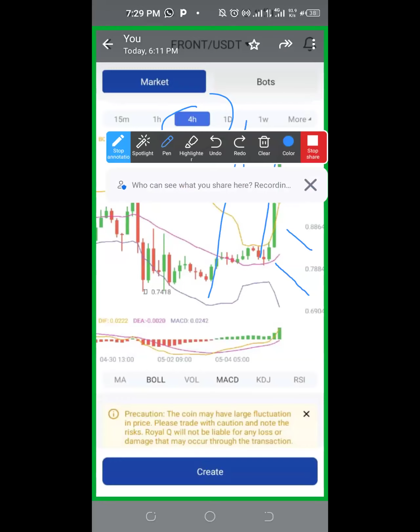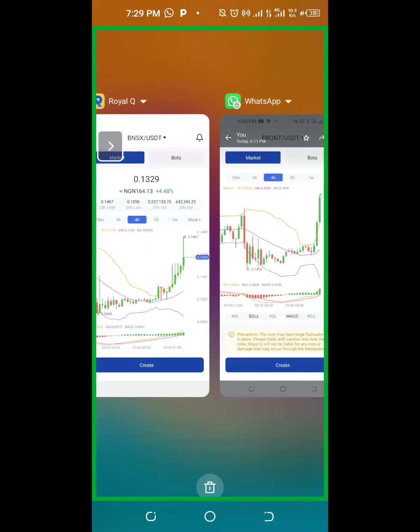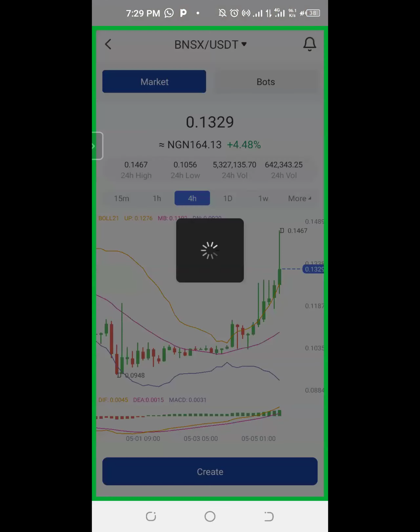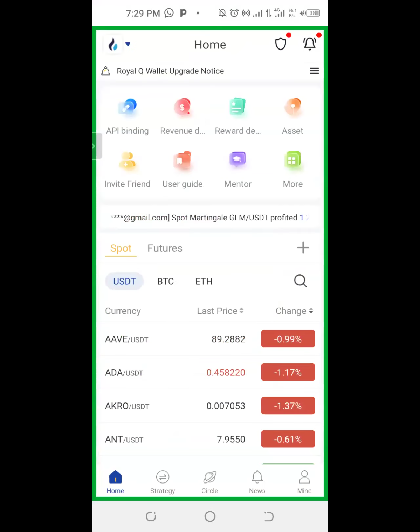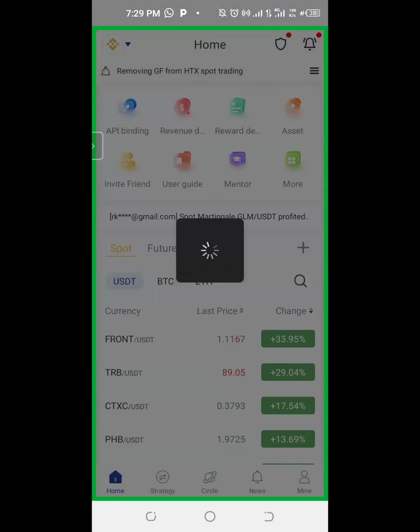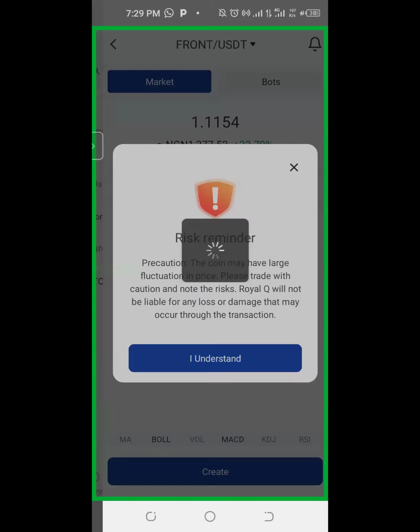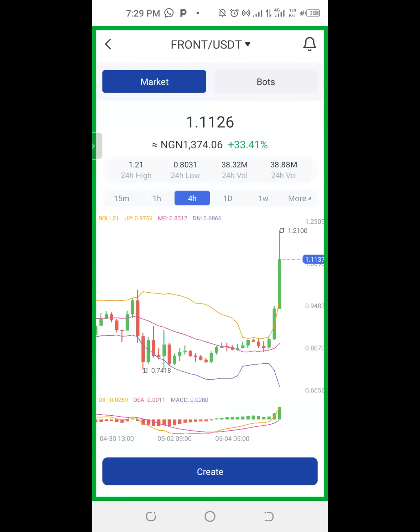So how can we identify them? How? Let me go to my trading, I mean RoyalQ. I don't want to use TradingView. Now the coins that are currently pumping here, let us watch their pattern to know how to use them to identify coins that can pump.